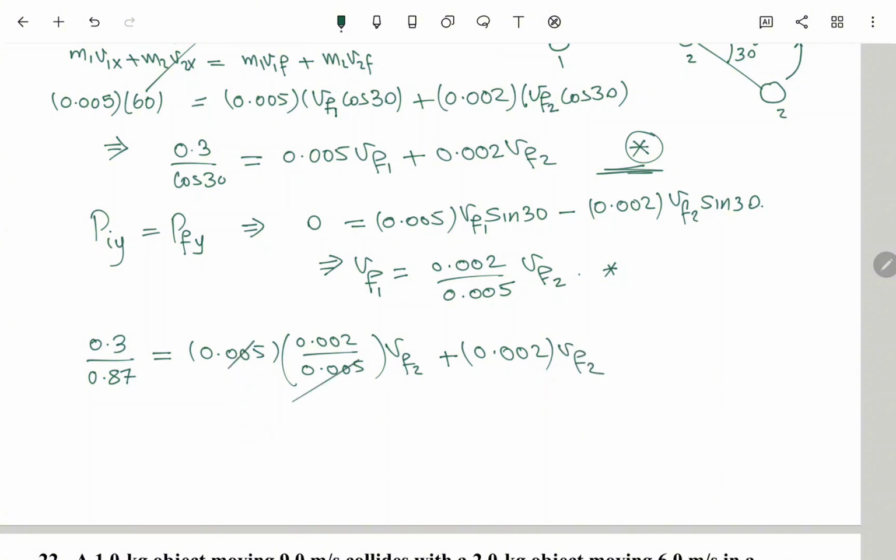This cancels out with this, and from this you will get v2 final equal to 85 meters per second, which is the speed of the second particle. If we would like to find the speed of the first particle, we can just substitute this v2 final, and you will get v1 final equal to 34 meters per second.